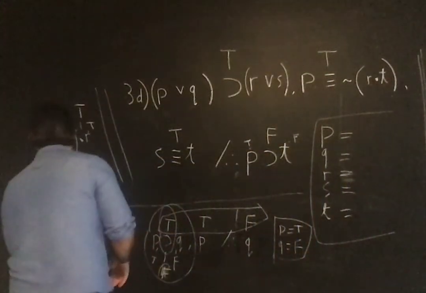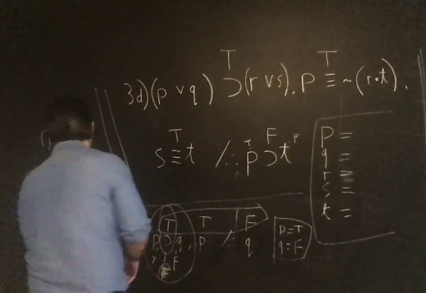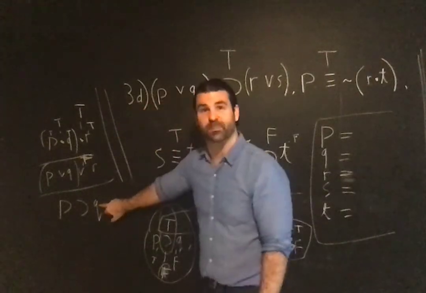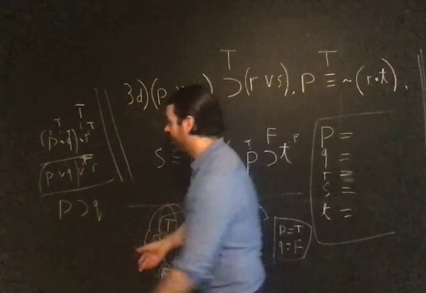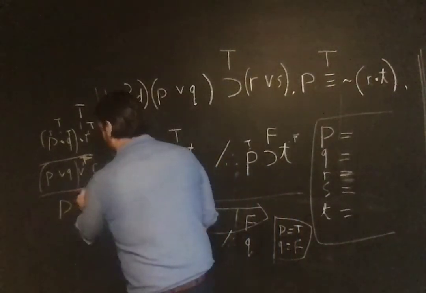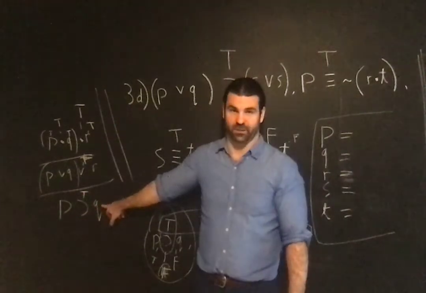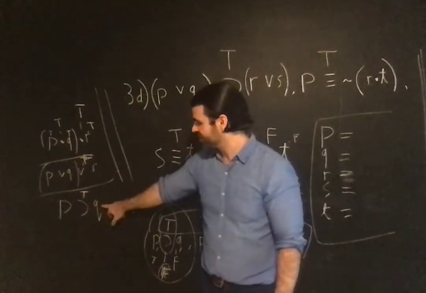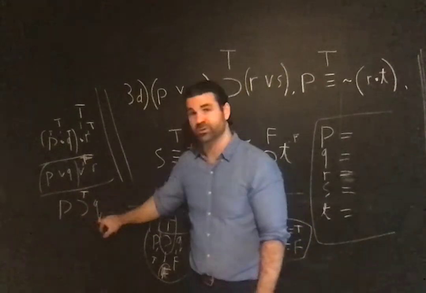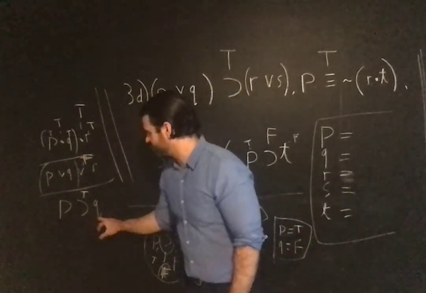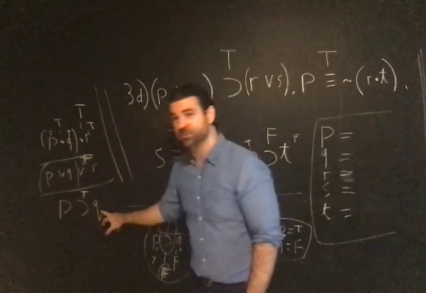If P hook Q was one of my premises, right? Well, the premises I make true, and then I wouldn't start there, because there are three ways to make that conditional true. It can be true-true, false-false, and so on.